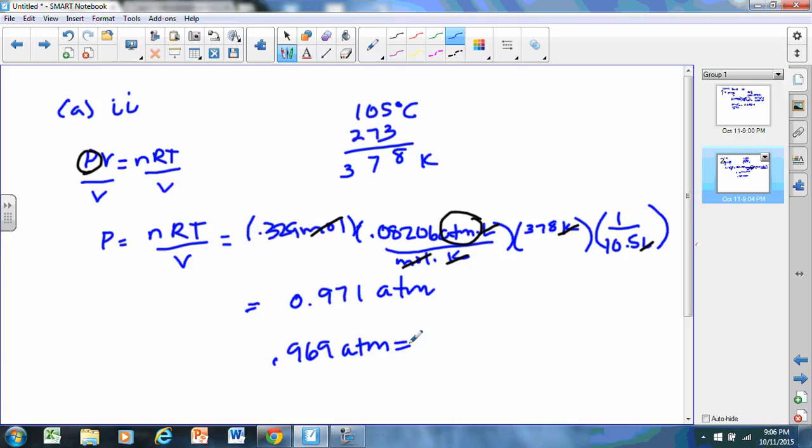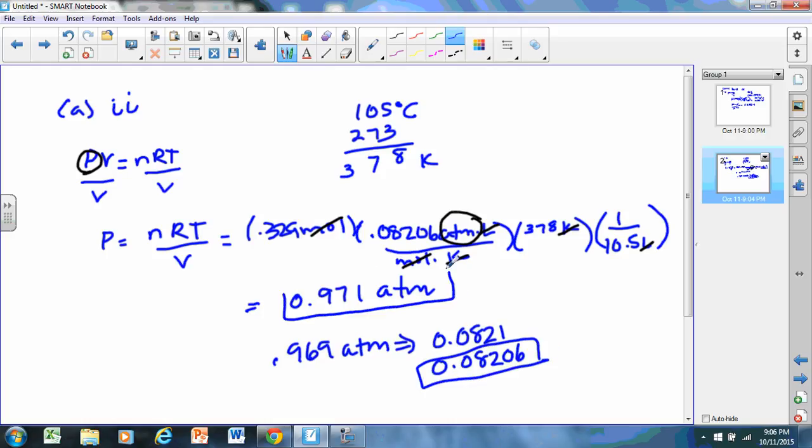And in 2008, the value of R on the formula sheet was 0.0821. But now, in the new test, it's 0.08206. And this slight difference is what's causing my answer to be different than the answer on the scoring guidelines. It's just because they changed the value of R.